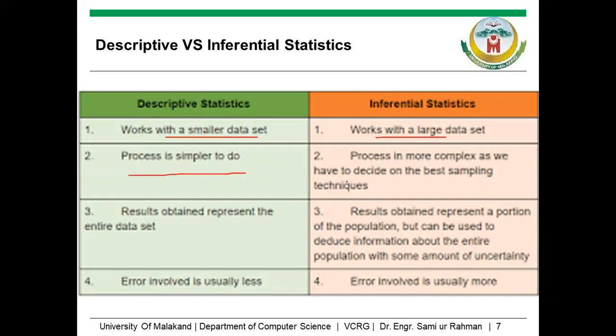The process is simpler to do, versus more complex, as we have to decide on the best sampling technique. Results obtained represent the entire data set, versus a portion of the population, but can be used to deduce information about the entire population. Error involved is usually less, versus usually more.